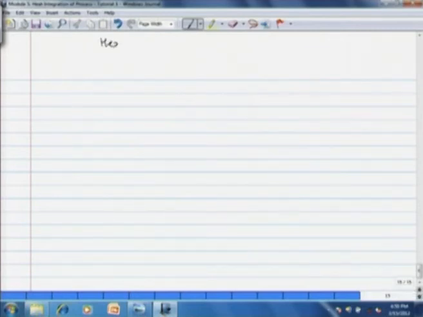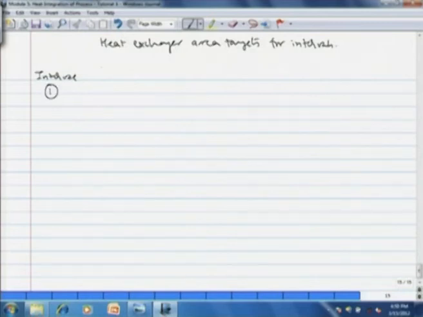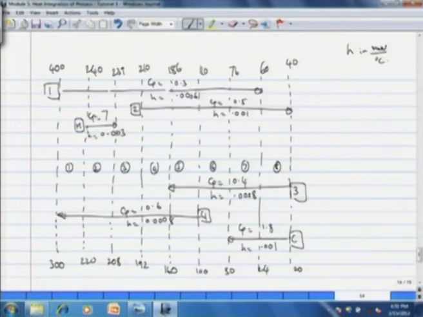heat exchanger area targets for interval. Now let us take interval 1. Interval 1 has only one hot stream, as you see here.